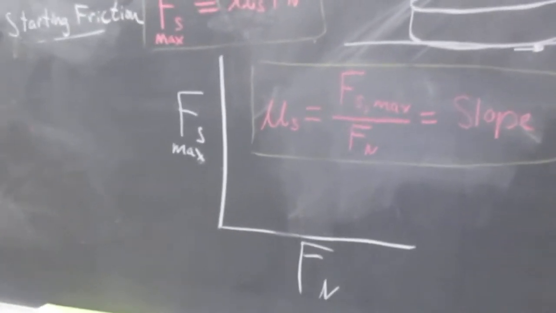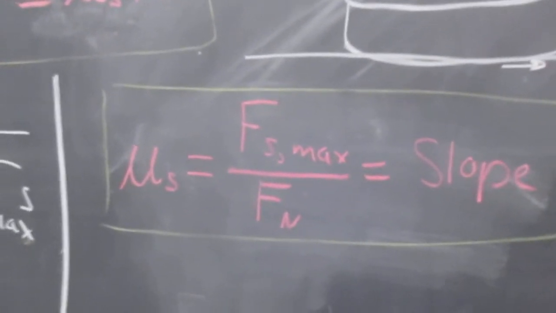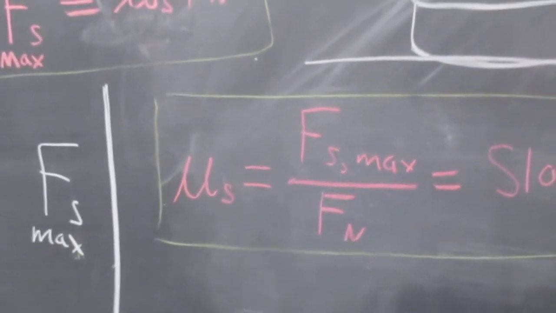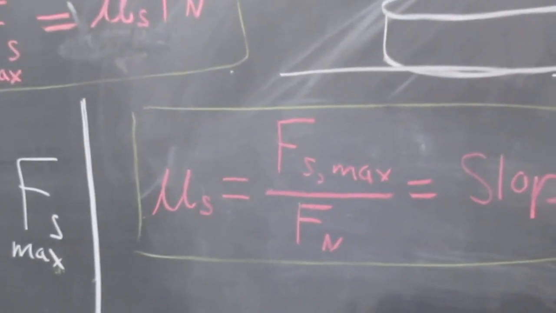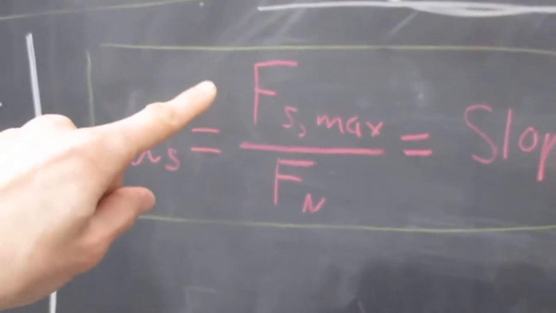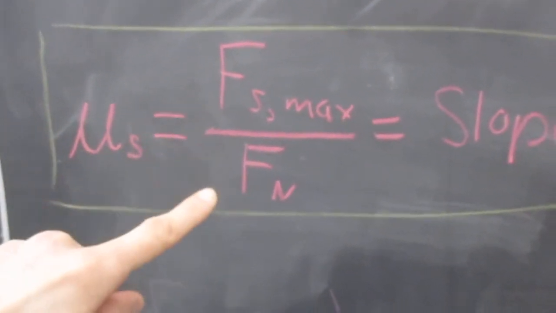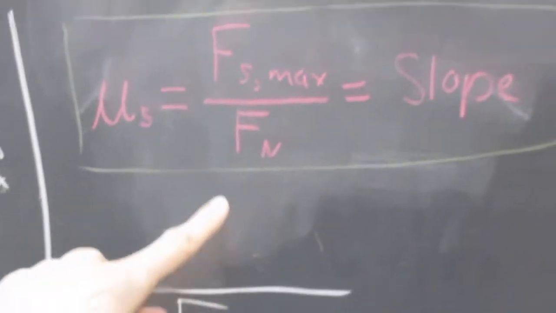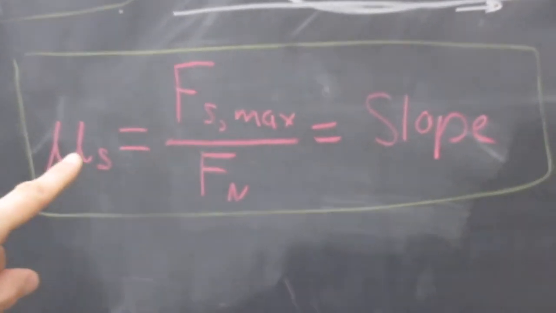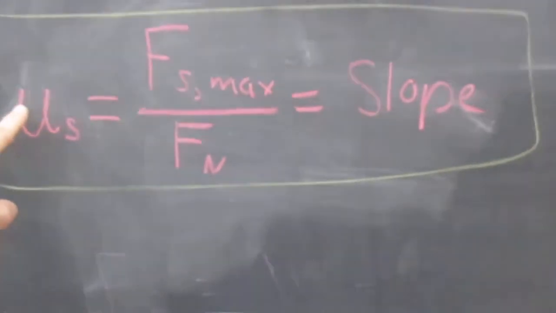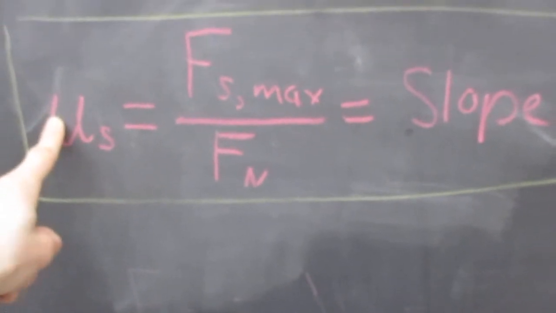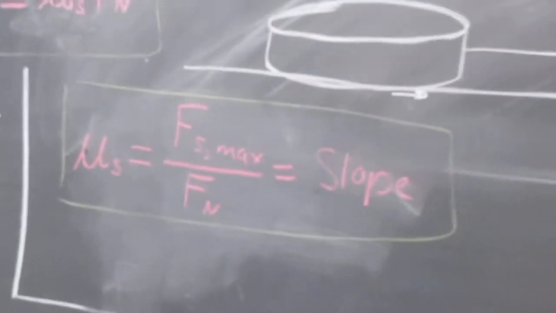The reason we chose that is because when we solve our friction equation for mu sub s, the Greek letter mu, by the way, for our coefficient of static friction, we get our maximum static friction over our normal force, which is really our rise over our run. So if we plot it correctly, our slope will directly give us our coefficient of static friction. Now, isn't that nice?